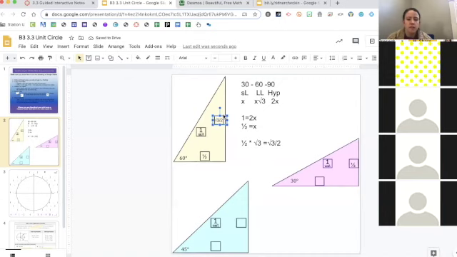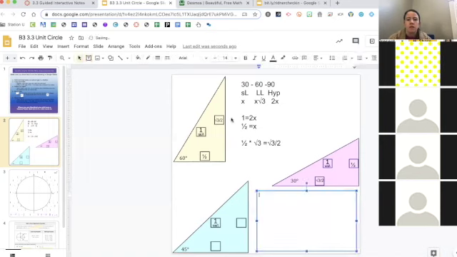And then the long leg is still going to be square root of 3 over 2. Okay. And then we'll do this one.